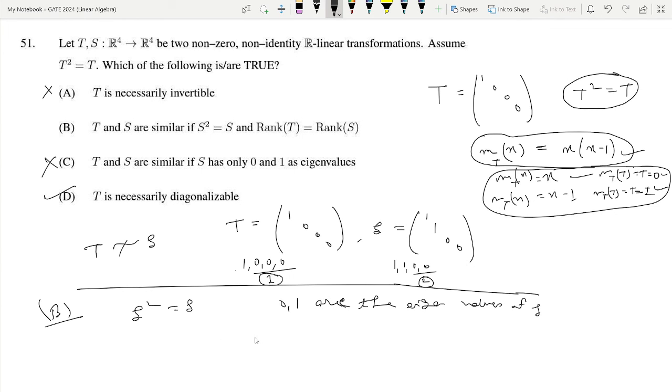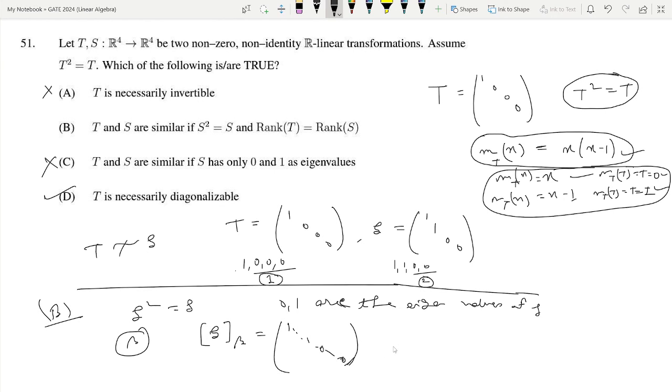So S is diagonalizable. So there exists a basis beta consisting of eigenvectors such that the matrix of S with respect to this basis is a diagonal matrix, and the diagonal elements contain 1 and 0 only.